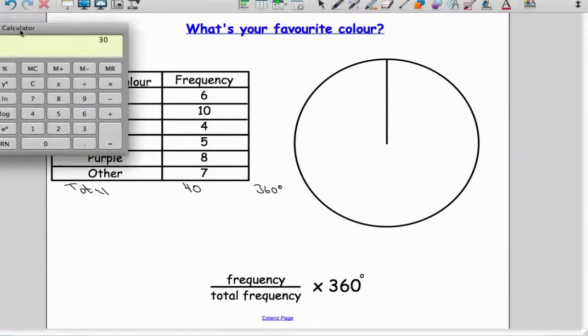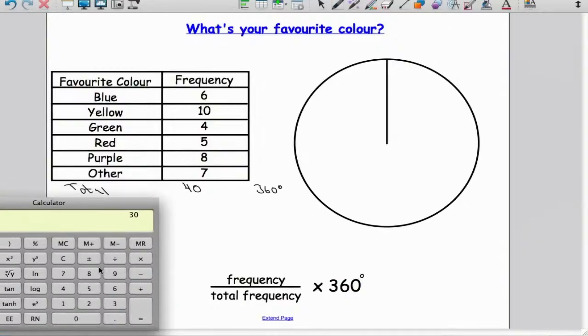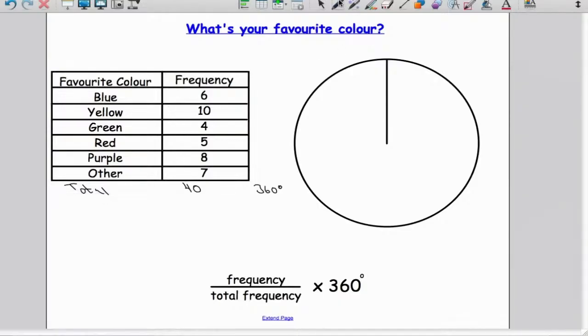To work out how big the blue slice will be, it's going to be 6 divided by 40. And then, so that's our frequency divided by total frequency. And then multiply our answer by 360 degrees. And we get 54. So 54 degrees of our pie chart will be dedicated to blue.